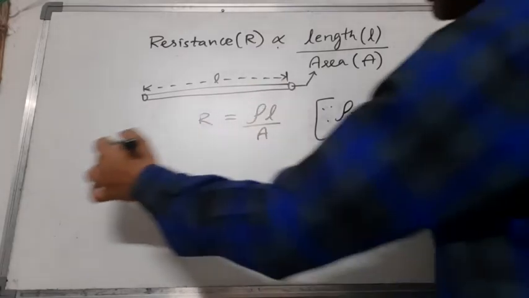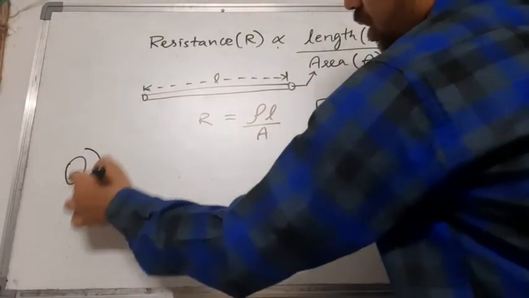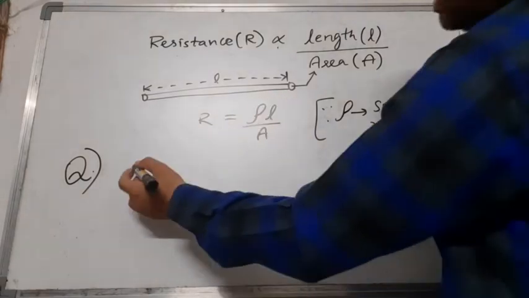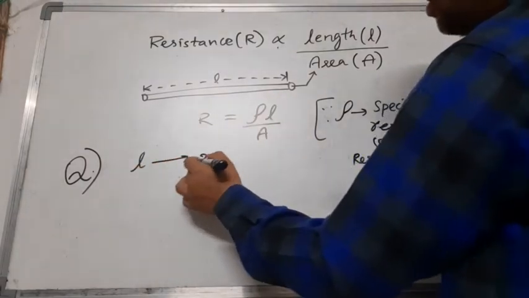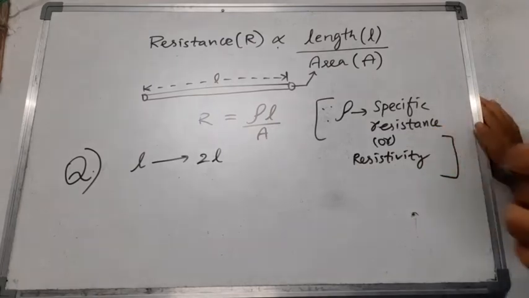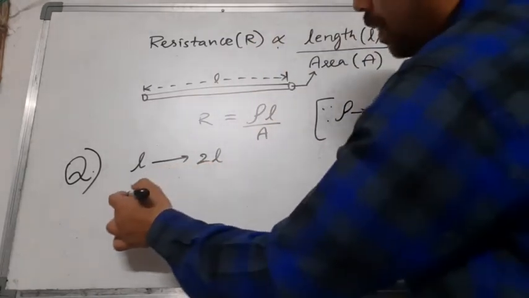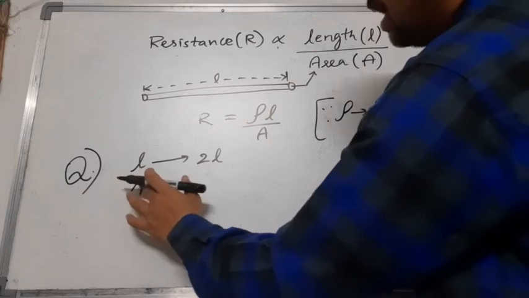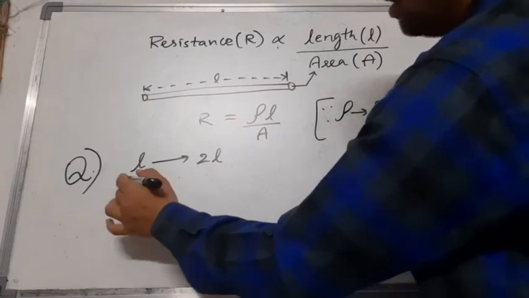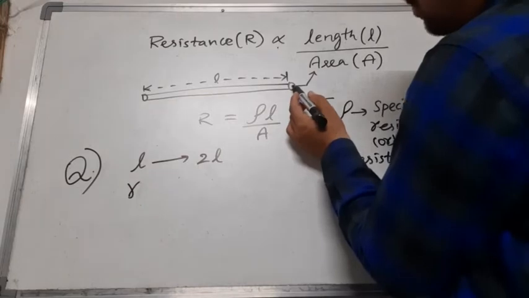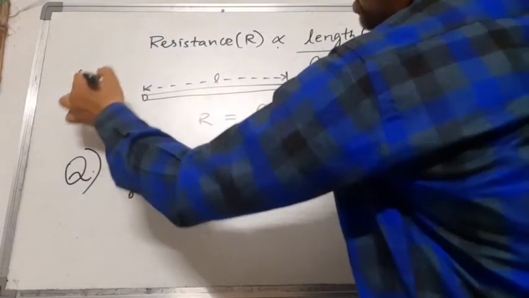suppose one question is like this. In the question, he is asking, if the length of the wire is doubled, and the radius of the wire is also doubled. The area of cross section is in a circular form, no?